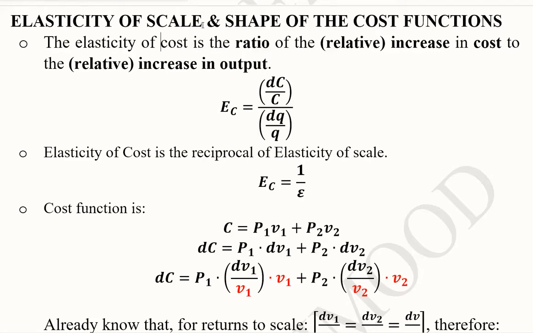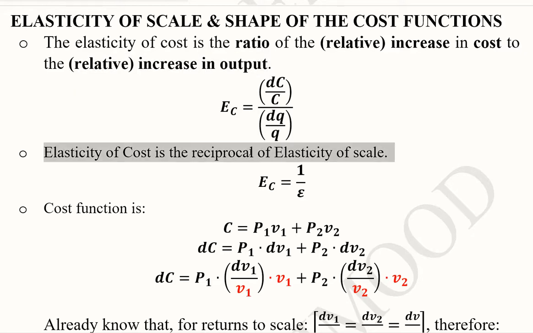So the elasticity of cost is simply the ratio between the relative increase in the cost to the relative increase in the output. So it tells us about the changes that will take place in the cost, how much of them in percentage terms when we increase the output. So the effect of output is to be observed on the cost, but in a proportionate way.